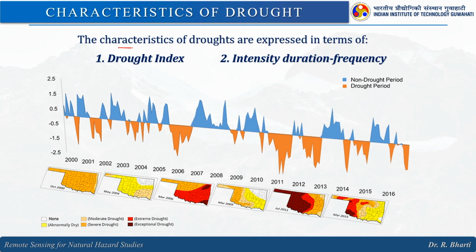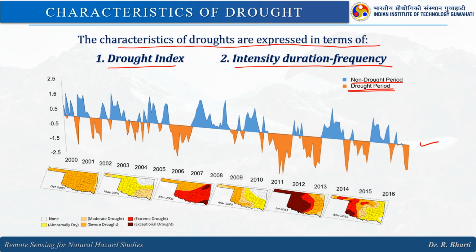The characteristics of droughts are expressed in terms of drought index and intensity, duration, frequency. So, if you see this particular graph, here you can see that there are two colors used. One is orange, which is drought period, and the blue is non-drought period, right.